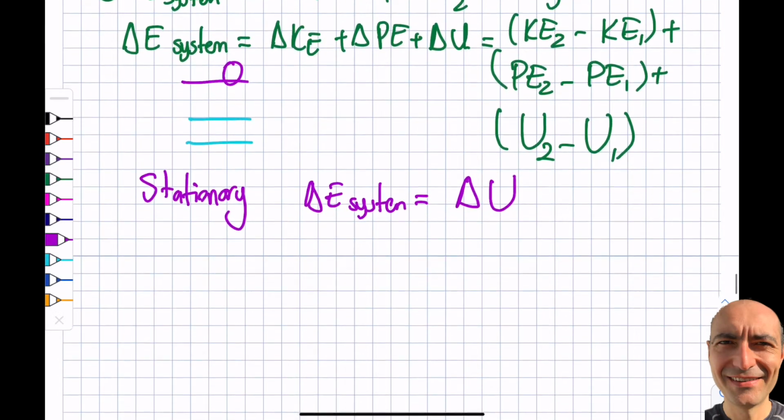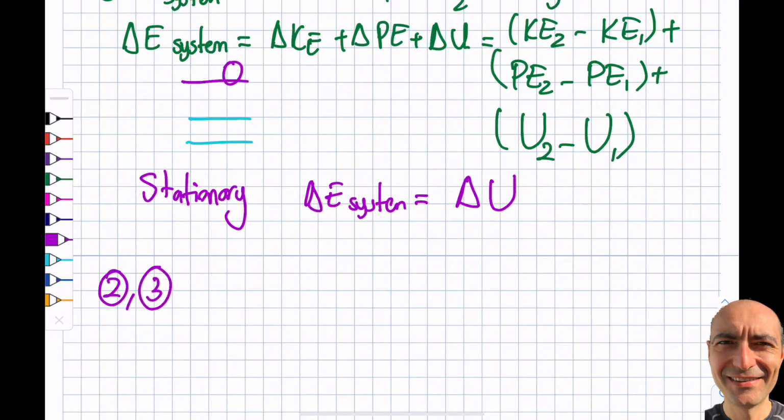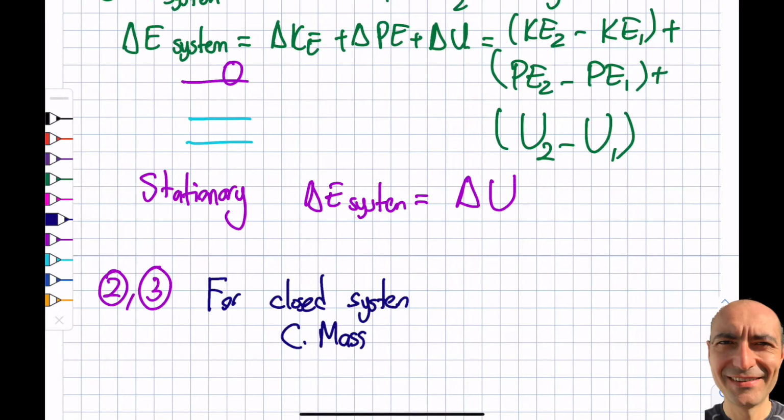Now I'm going to look at items number 2 and 3, and I will discuss them together, because one is out, one is in, so one has a positive, one has a negative in front of it in the equation over there. Let me repeat: for closed systems, which I call control mass, items 2 and 3 will have two components: I will have heat transfer and I will have work.